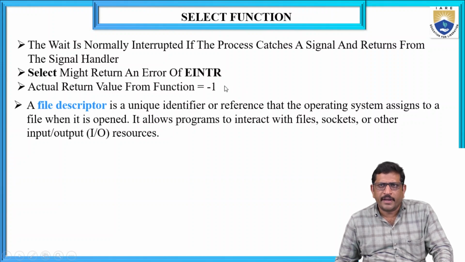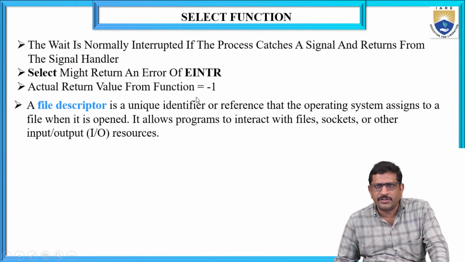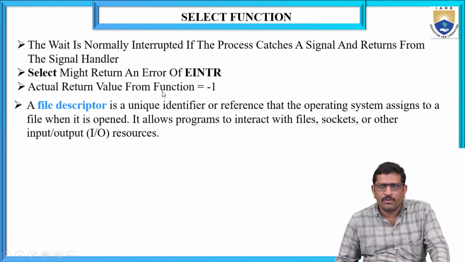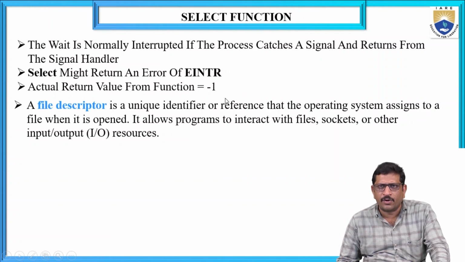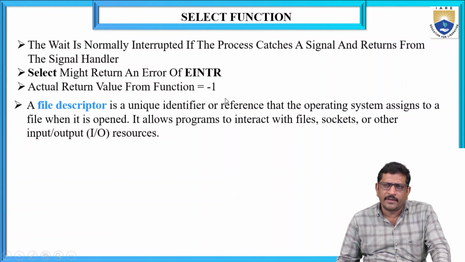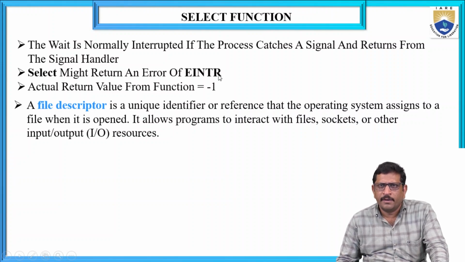Here an error means we can't do the data transmission from the primary device to the secondary device. If the return value of select is 0 or more, we can transmit the data from the primary device to the secondary device.